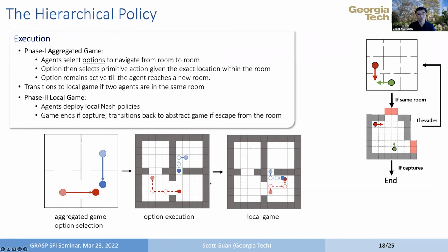So we will transition to a local game if the two agents are in the same room. And then when in the same room, all agents deploy the local Nash policy, which is computed within that room. And then this Nash policy directly selects the primitive action. And then the game ends if the evader is captured. And then we transition back to the aggregated game if the evader escaped the room.